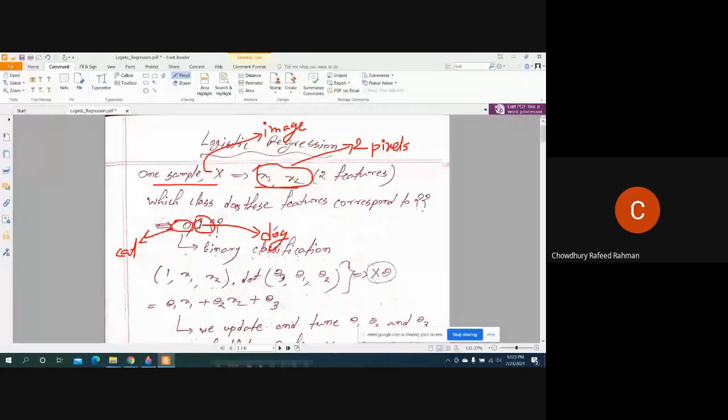As humans, we can do this fairly simply. We can very easily detect from an image whether it is a cat or a dog. But in the computational process, this thing is not that simple, because the computer doesn't understand the high level value of features. It only understands the math.